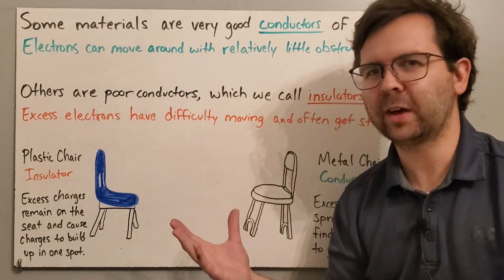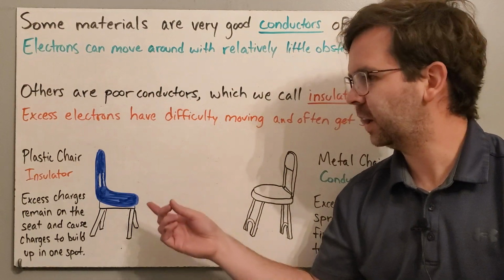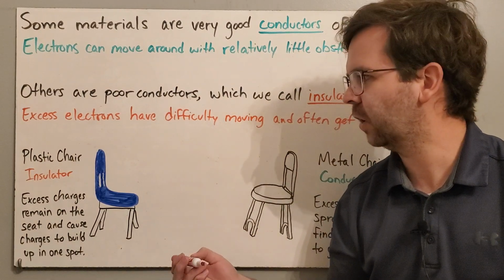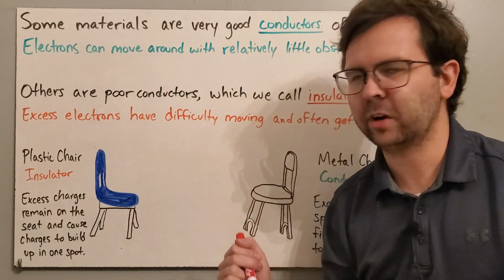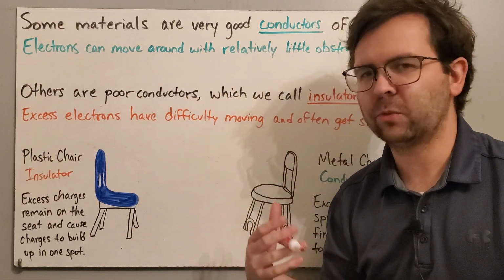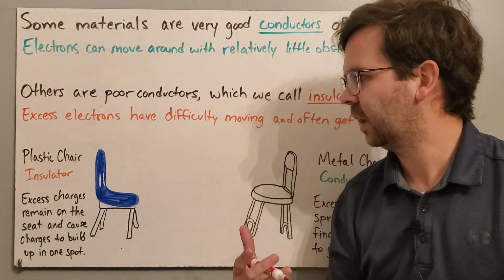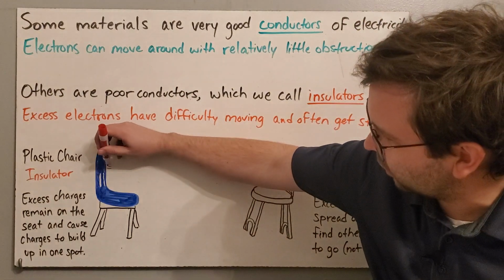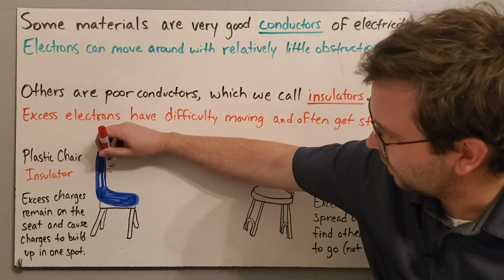And that's because plastic is an insulator, and if there are ever excess electrons or excess charges and they get deposited on the chair, they remain on the seat and they cause the charges to build up in one spot. And often it would seem like it happened on the back of the chair.